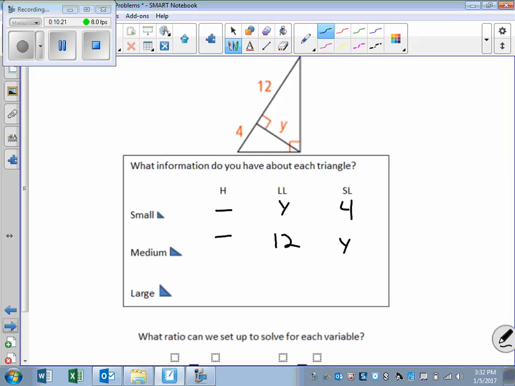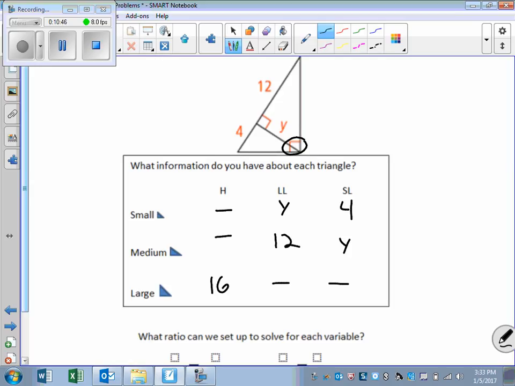Now for the large triangle, we have the right angle here. So that means that if we look across, it gives us the hypotenuse. So it's not 4, it's not 12. We got to add them together, so we got 16. We don't know anything about the legs of the large triangle.